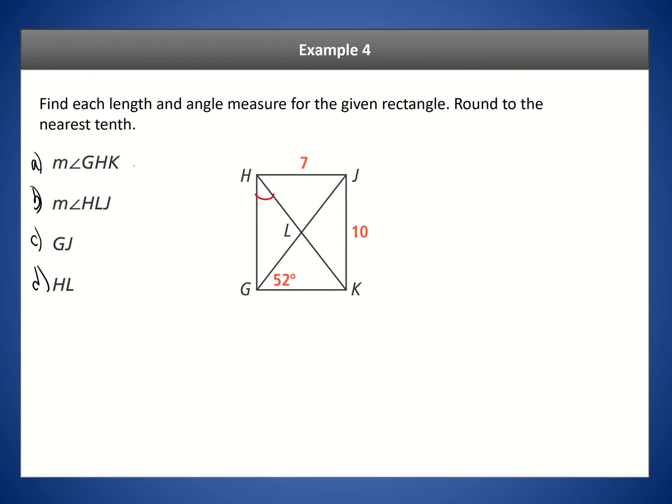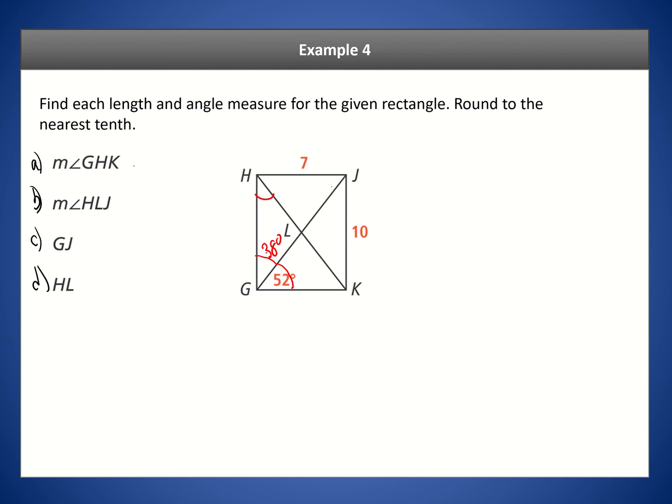So since this is a right angle, and we know this angle here, that means we know this angle here. Okay, so this angle here has to be 38 degrees. 38 degrees plus 58 is 90. Okay, so we know that much there. And we also know that opposite angles are congruent in a parallelogram.